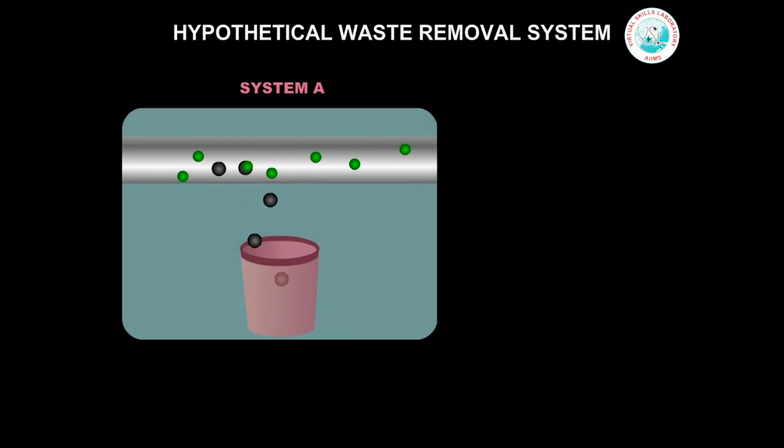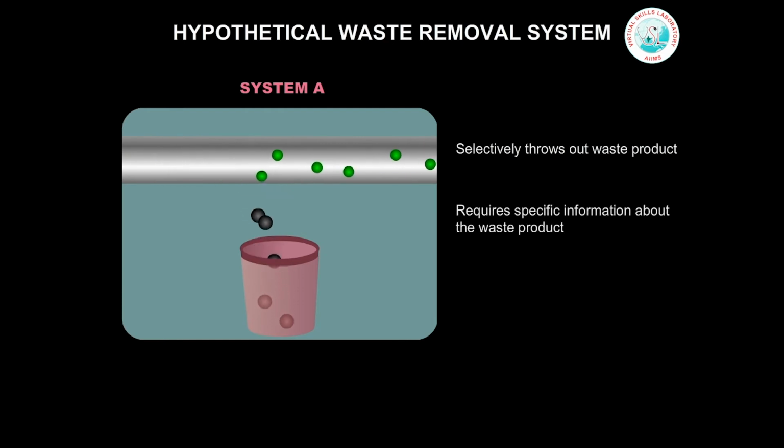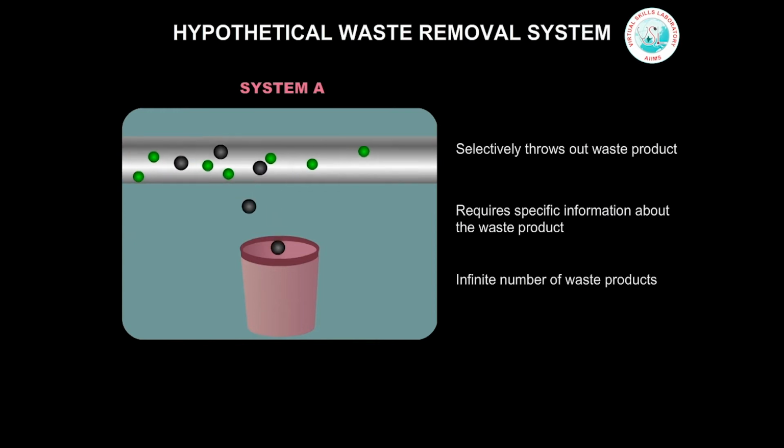Now, imagine a hypothetical waste removal system. We can have two options. System A, that selectively picks up the waste products from the circulation and throws them out. But this system requires specific information about the waste product, which is problematic because there can be infinite number and types of possible waste products.